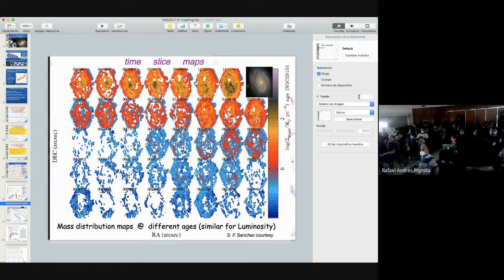So we have these stellar density maps of different ages, and we can measure at each redshift the half-mass radius or the half-light radius, because we also have the mass and the light at rest. So what we see is how this half-mass or half-light radius evolves, because we have this information.